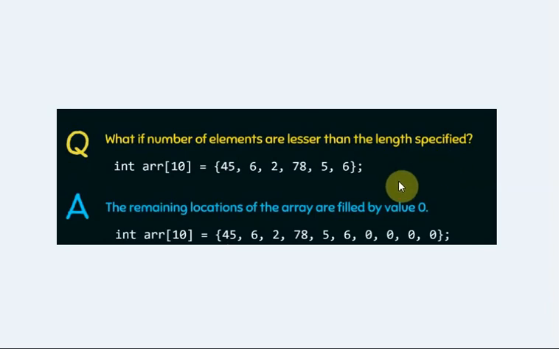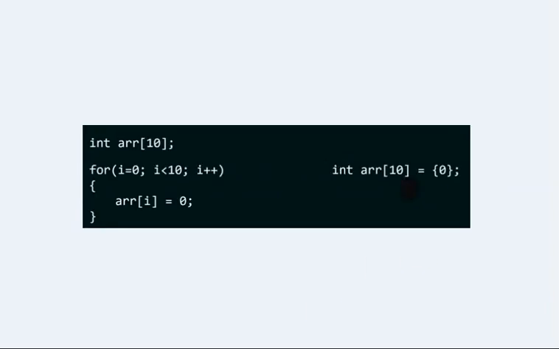All other values are automatically placed as 0. And if you say int array[10] = {0}, that means in the entire array, each and every place, 0 is inserted, 0, 0, 0, 0, 0, 0, 0, no value. After that we can insert whatever value we want.